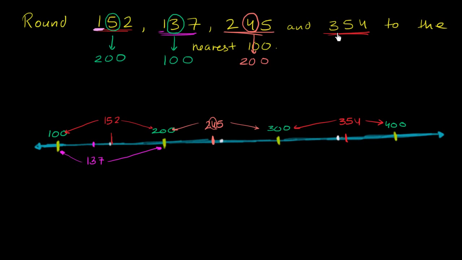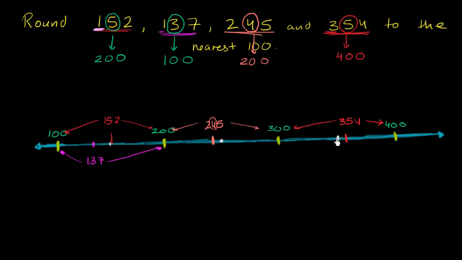If you're trying to round to the nearest 100, you look at the tens place, the place to the right of the place you're rounding to. If the tens place is a 5 or larger, you round up. This is a 5, so we're going to round up to 400. And that also makes sense.